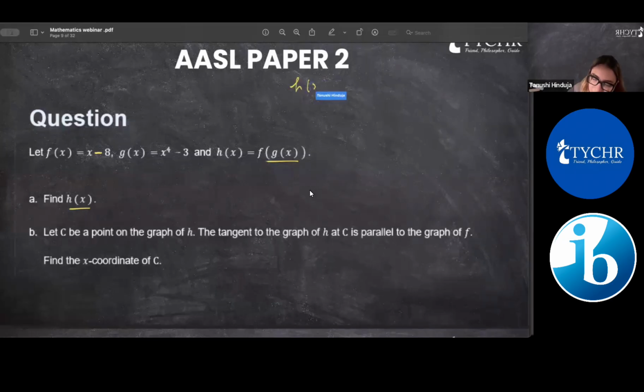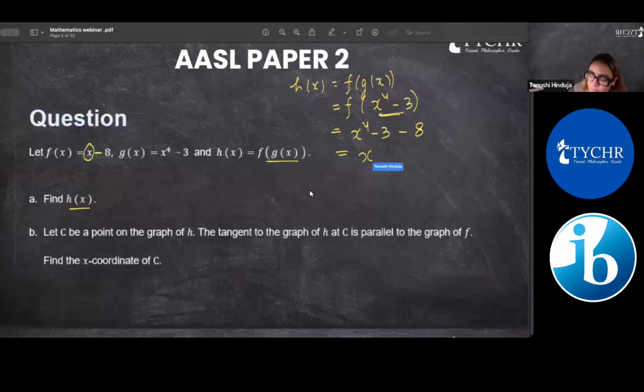So that would be f of g of x. We have the function g, which is x to the power 4 minus 3. So we have to find f of that, which means wherever there's x, I have to put x to the 4 minus 3. And then we have a minus 8. So that's pretty direct, x to the power 4 minus 11. That's our h of x function.